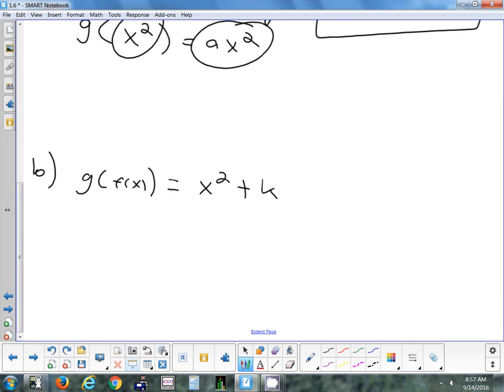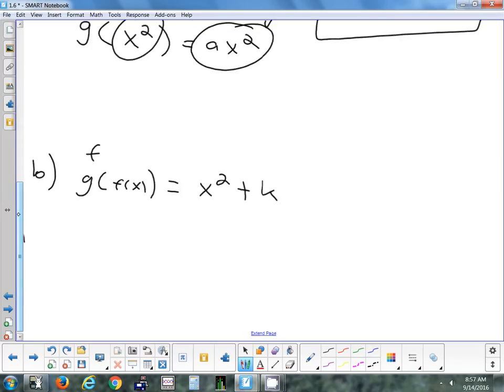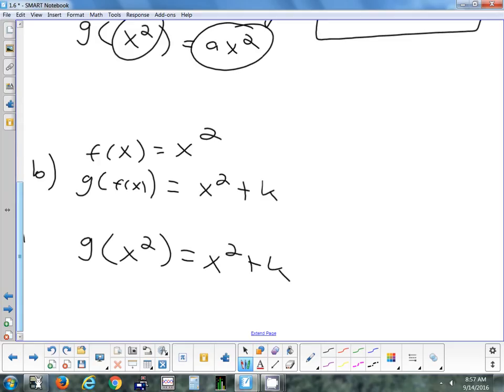All right, let's try this one. So again, f of x is still x squared. So g of f of x has to equal x squared plus k. So somehow I need a function g, so that when I replace the variable in function g with x squared, I get the answer x squared plus k.